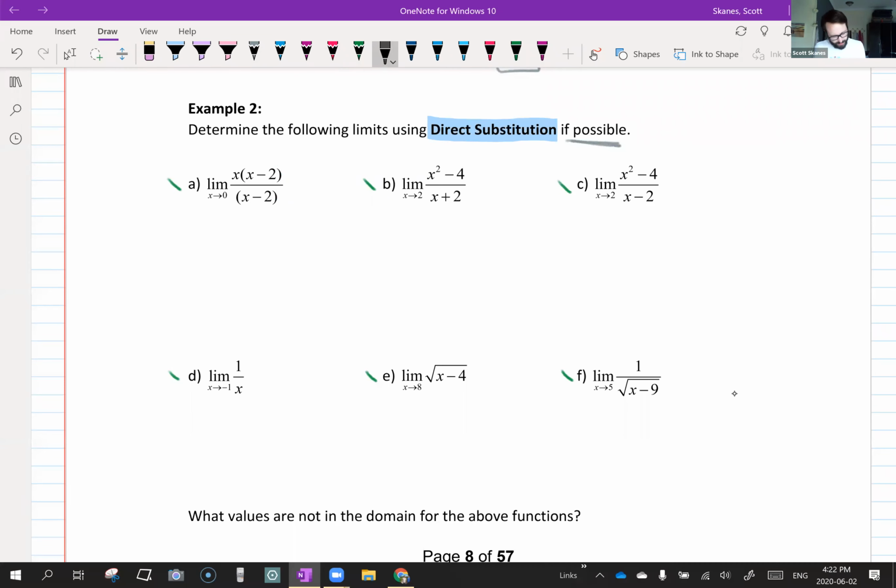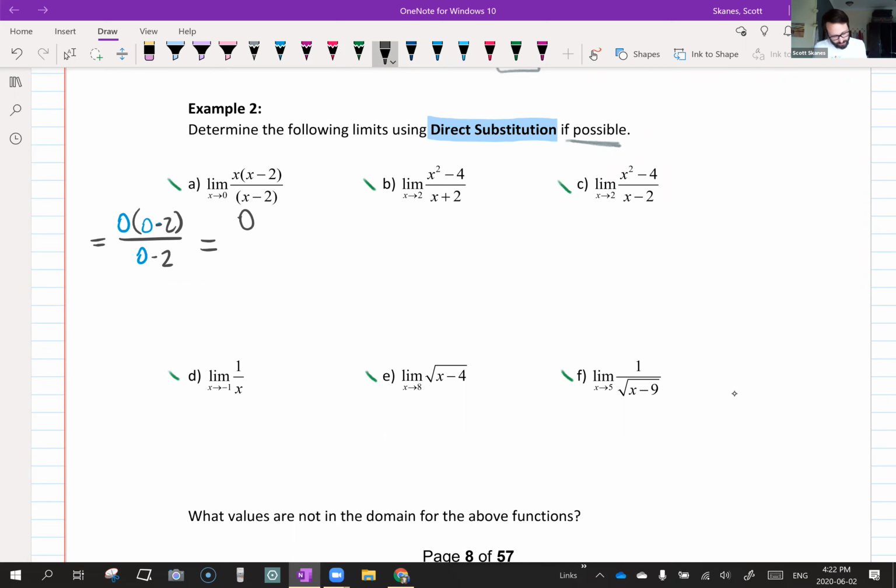The first one, what do we have? We have to put in 0. So 0 outside of 0 minus 2. So this is 0, yeah? What does it give us? 0?